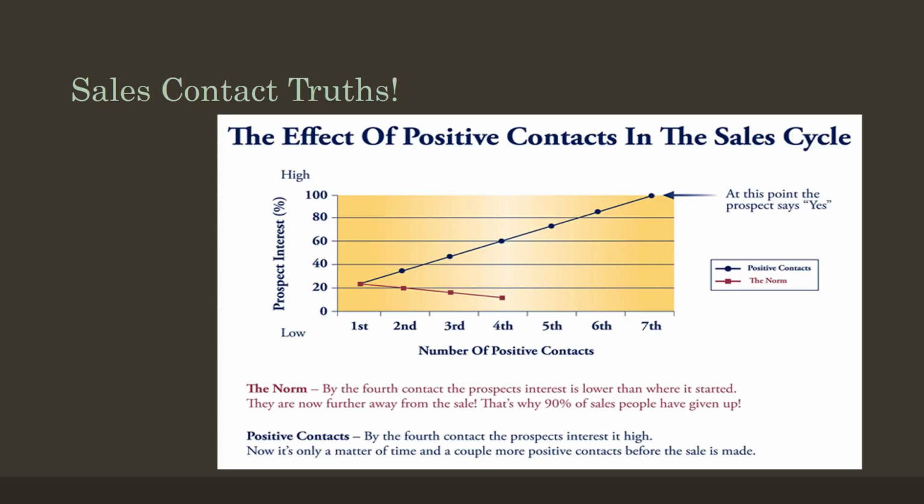The norm is that first contact wasn't great, you didn't provide any value, and they weren't that interested in what you had to offer, which means your second, third, and fourth contact are not doing great. You have to offer premium value at a great offer many times.